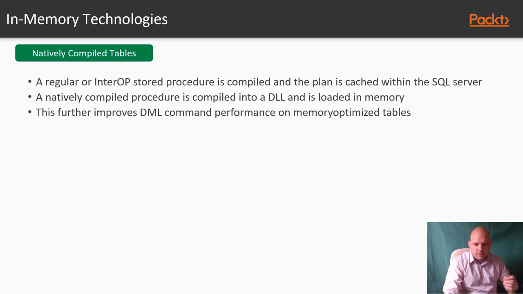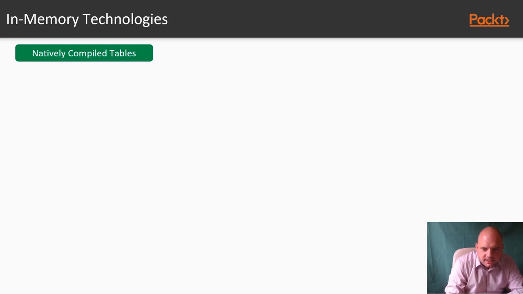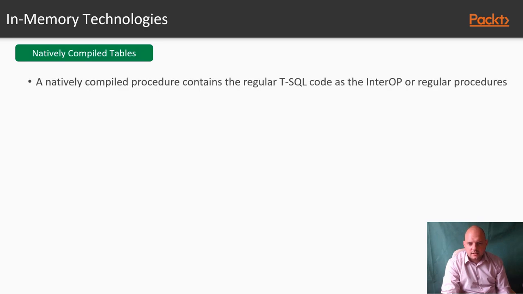A natively compiled procedure's syntax looks something similar to what you can see here. We've got CREATE PROCEDURE insert customer order WITH NATIVE_COMPILATION, SCHEMABINDING, and EXECUTE AS OWNER. A natively compiled procedure contains the regular T-SQL code as an interop or regular procedure. However, it's defined differently at the time of creation.